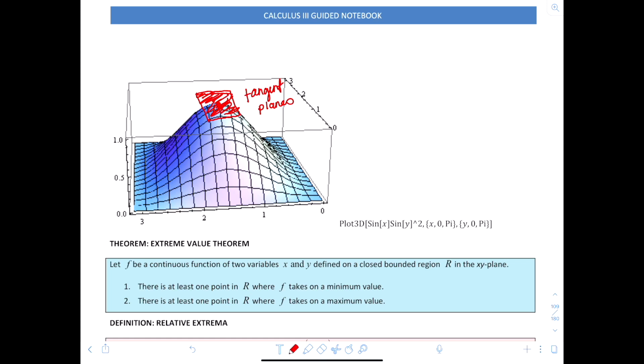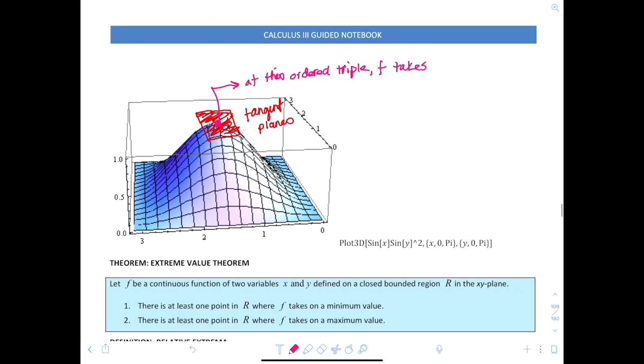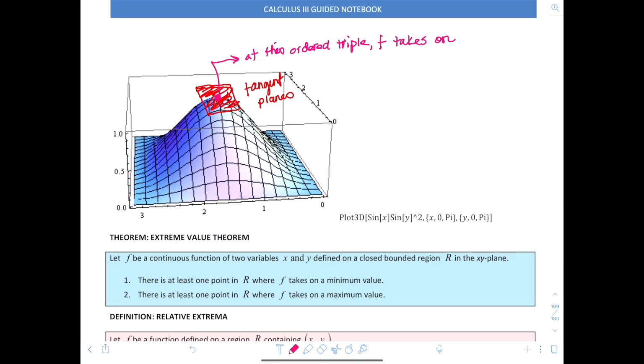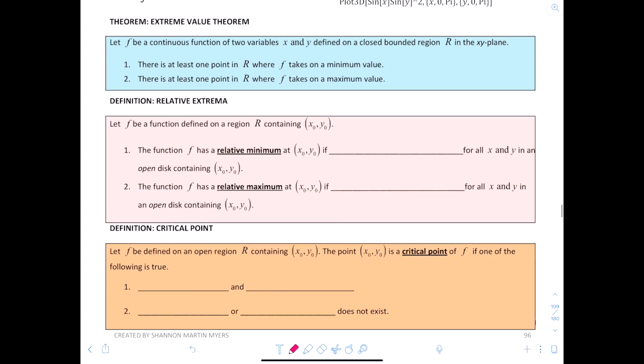So in this particular tangent plane, at this ordered triple, right here in pink, f takes on a max value. Okay, so now let's just look at our theorem.